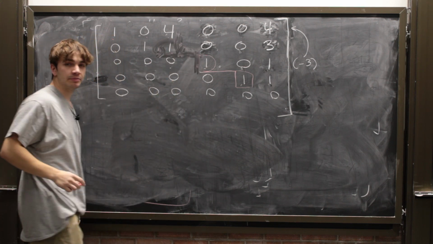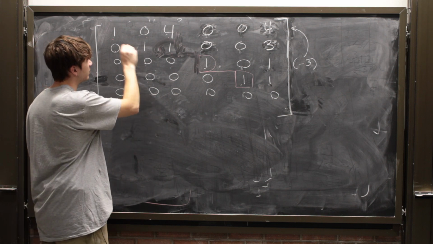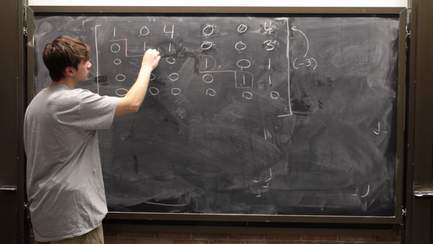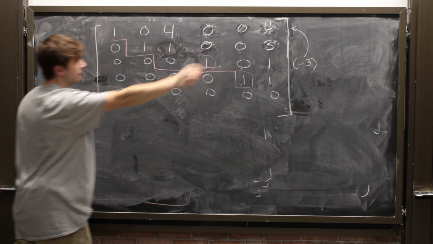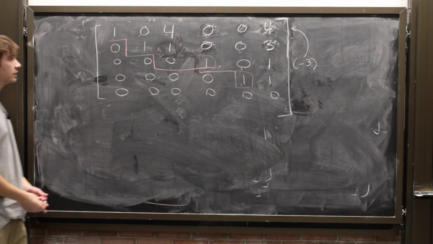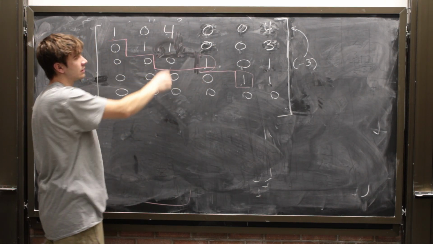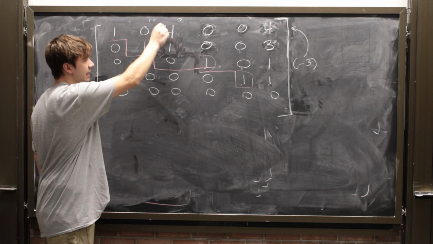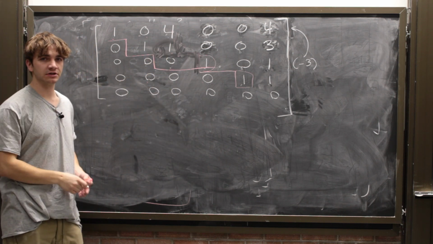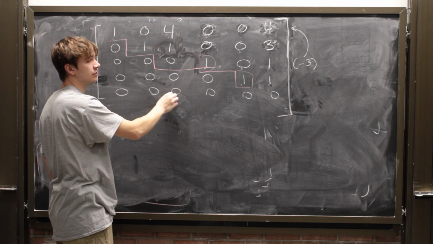This one is not a pivot. The staircase looks like that. There are actually no pivots in this column, so I cannot destroy information in this column. There's nothing I can do here.